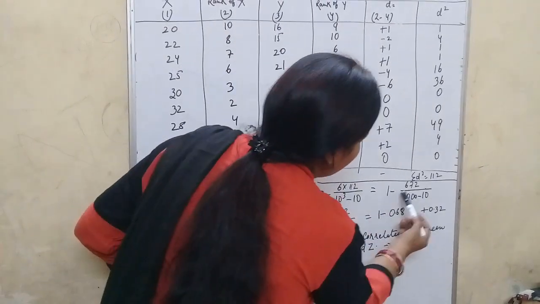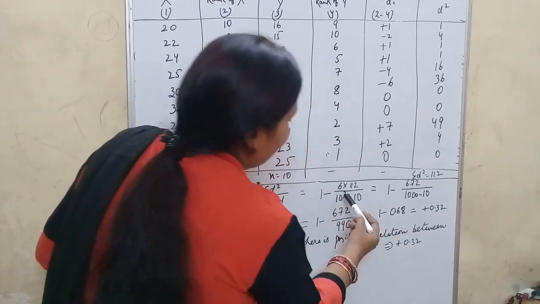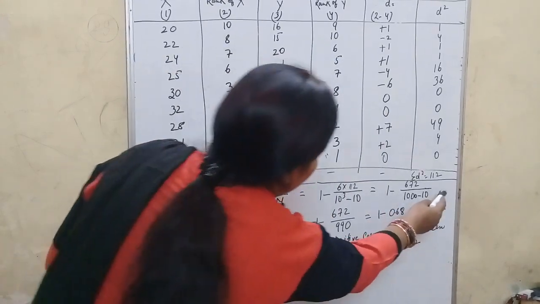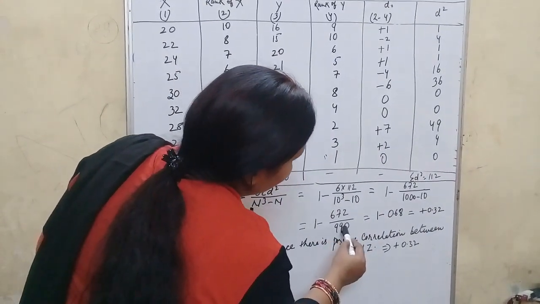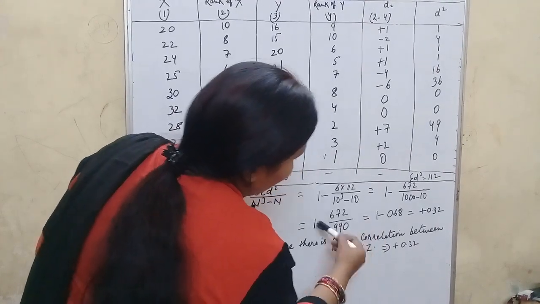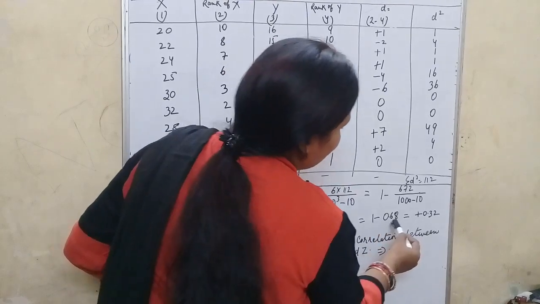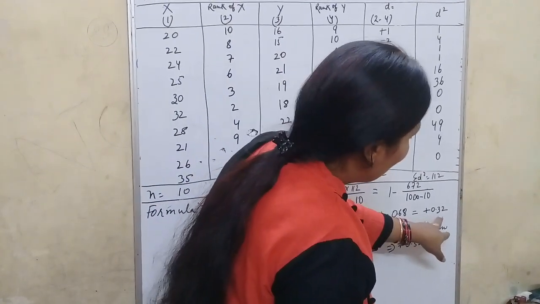Then we get 1 minus 672 after multiplying, and 10 cubed is 1000 minus 10. After solving this, we get 1 minus 672 by 990. When we divide this, we get 0.68. 1 minus 0.68, and the answer comes to positive 0.32.